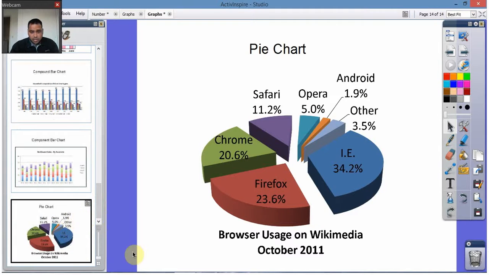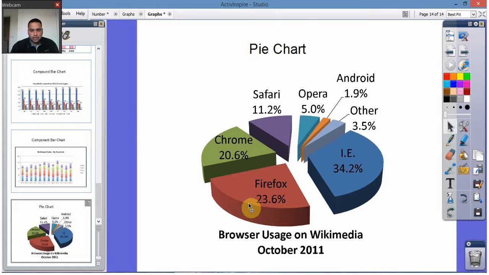Pie charts. Pie charts are ways of presenting data as well, and in the pie chart you have like 100%, and each slice of the pie tells you how much of the pie that person or that thing owns. So here we've got Firefox.